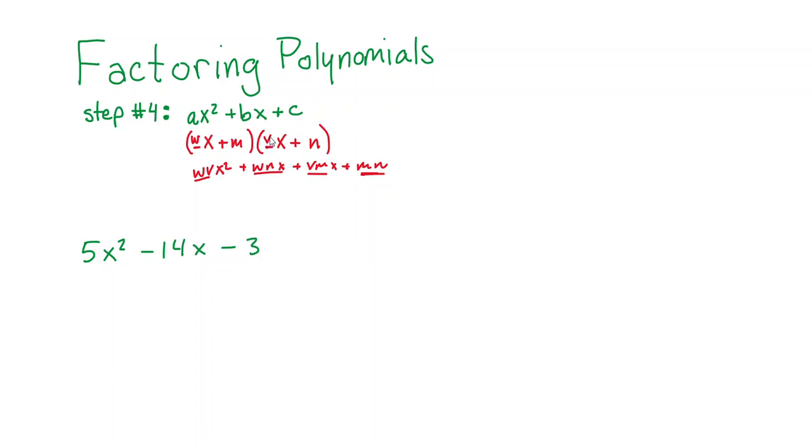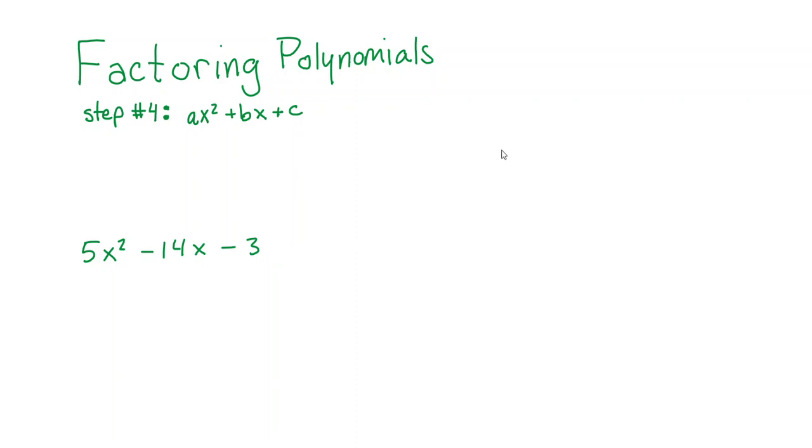So I'm going to show you a method that will work every time, and it will tell you for sure if this trinomial can be factored, and it will be based on the same process that we did with the easier problems. This is the process of factoring.